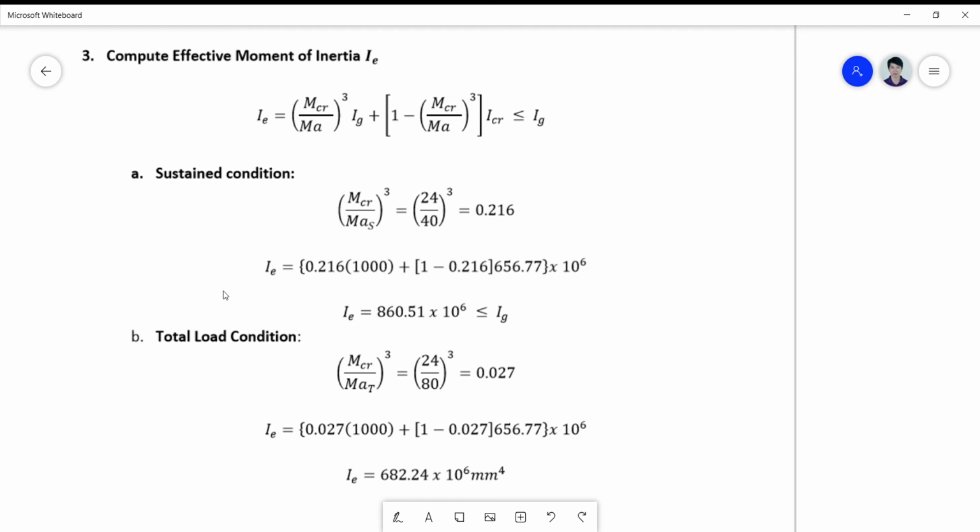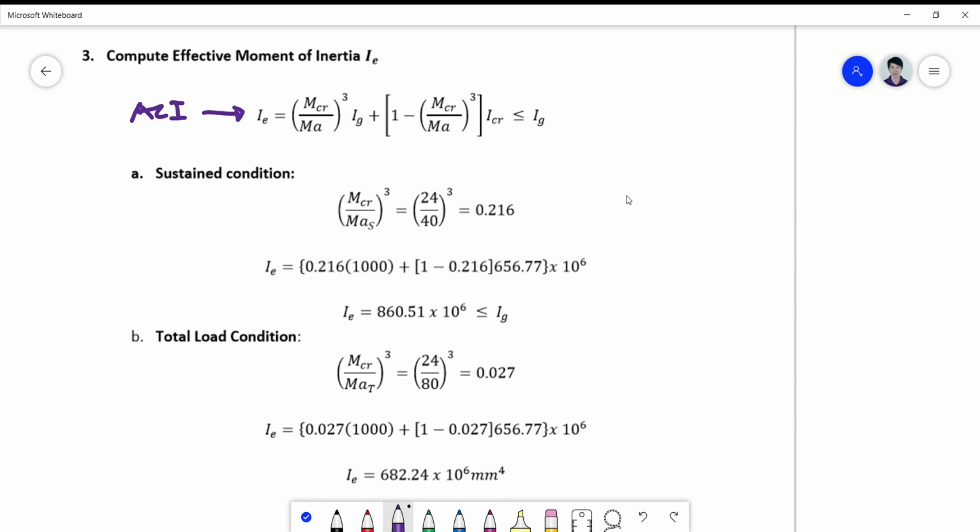And we have to bear in mind that the ACI gives us this equation to solve for the effective moment of inertia: (MCR over MA) cubed times IG, plus 1 minus (MCR over MA) cubed times ICR, less than or equal to IG. We have all these parameters already computed previously, so all we need to do is to plug it in, no?